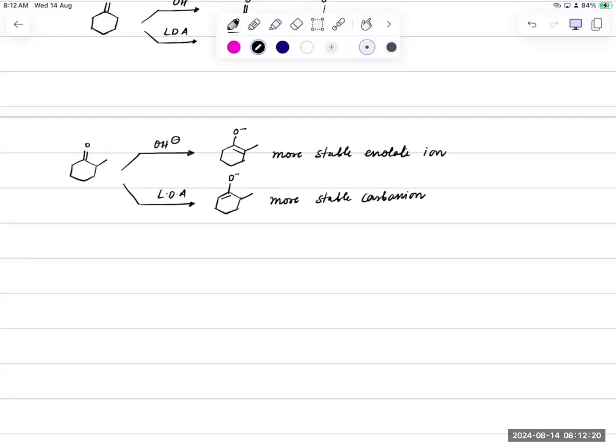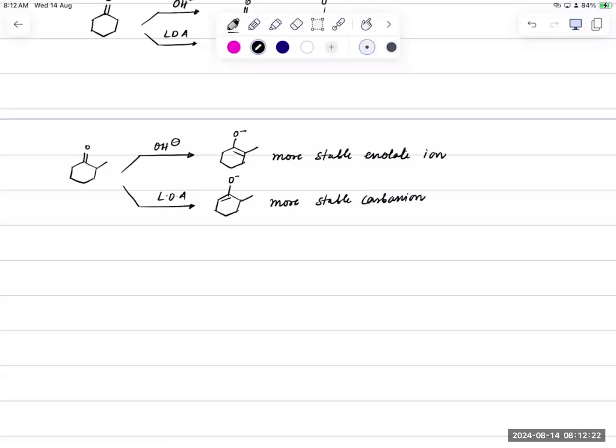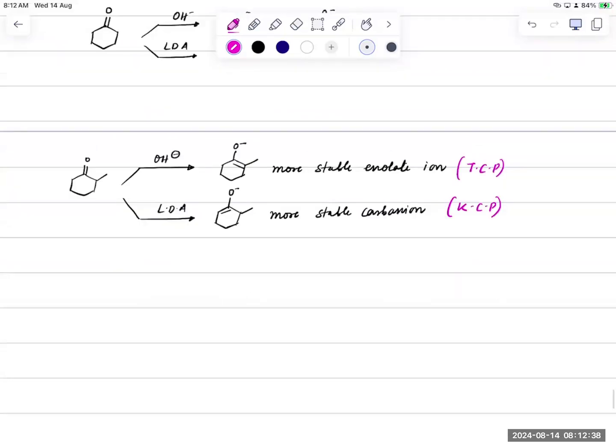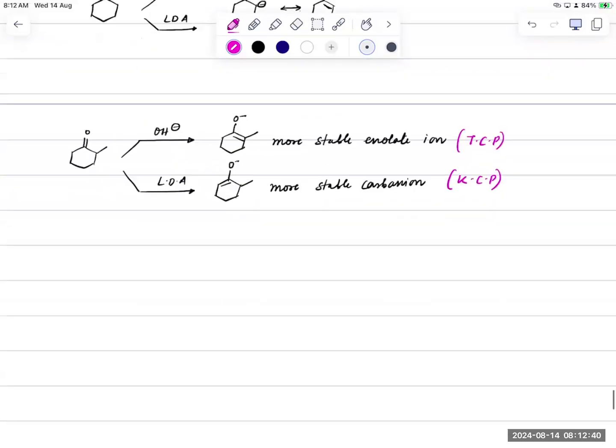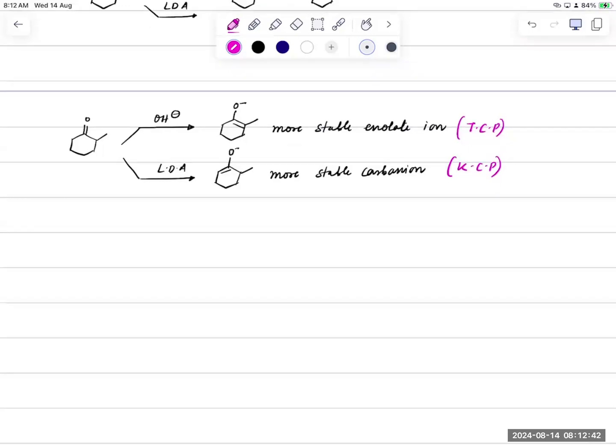If you are going for the more stable enolate ion, it is called TCP, thermodynamically controlled product. If you are going for the more stable carbanion, that means it is KCP, that is the kinetically driven product. So remember the difference when we have to take TCP and when we have to take KCP.